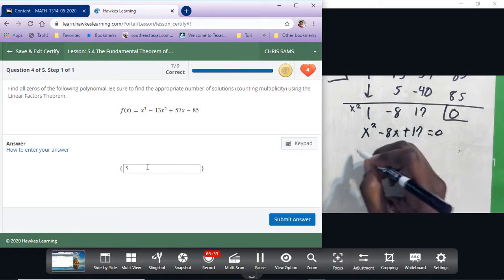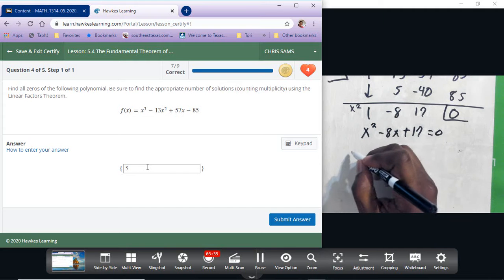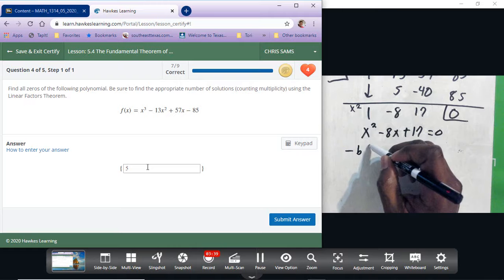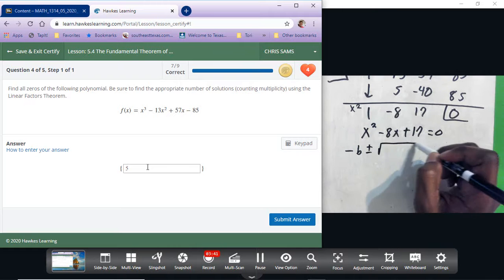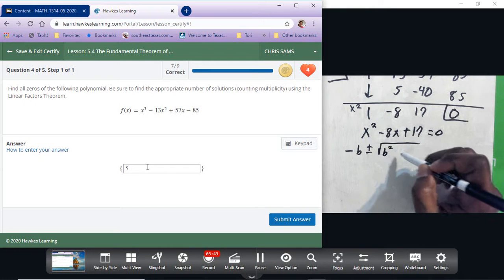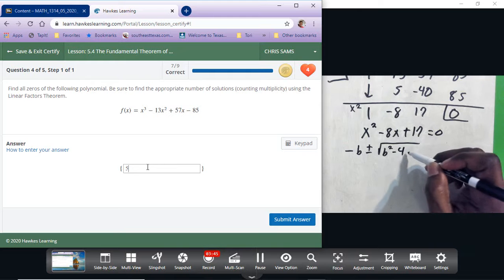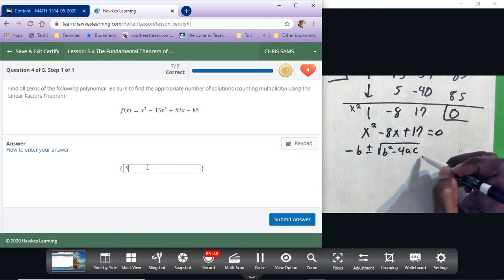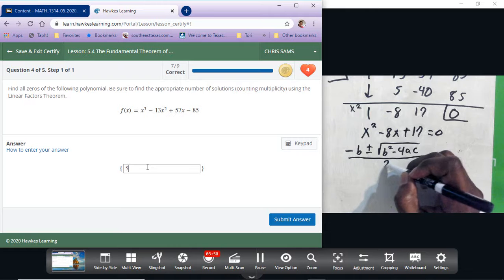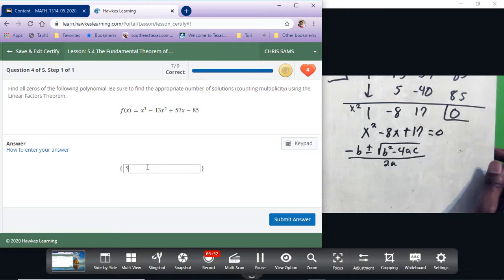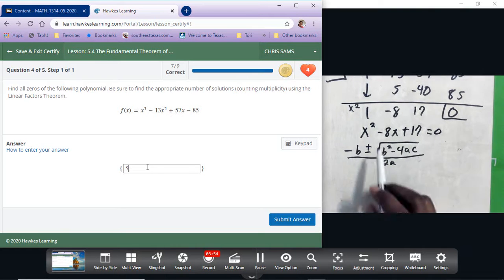Let's write the formula out first. Negative b plus or minus the square root of b squared minus 4 times a times c, all divided by 2 times a. Okay, so b is negative 8.